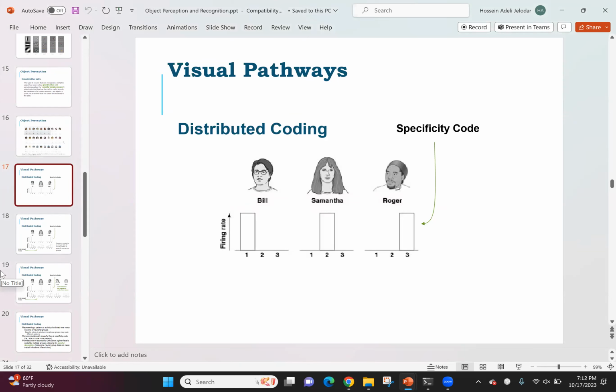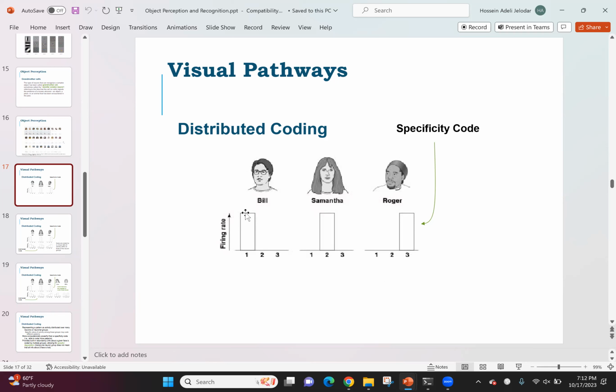Now we talked about the grandmother cell idea, and the type of coding that a grandmother cell represents is what we call a specificity code. Imagine these are three neurons, 1, 2, 3, and they could have different firing rates, let's say measured as how many action potentials in 1 second. Let's say this is, I don't know, 10 action potentials in 1 second.